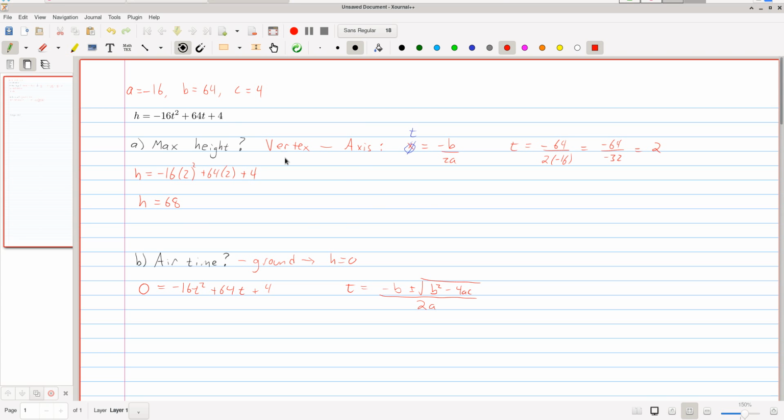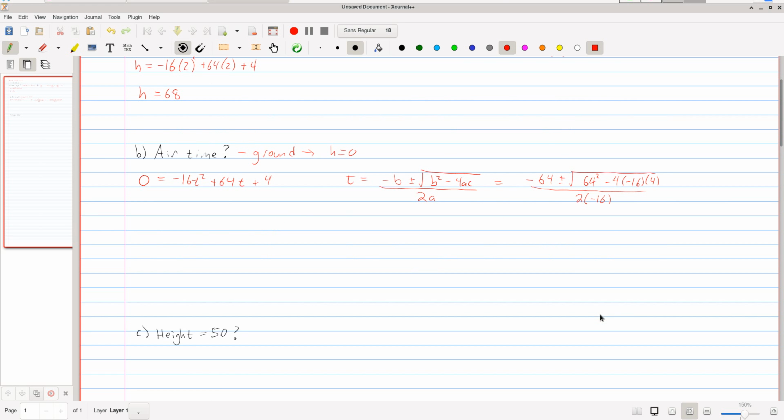Now we're going to plug in the values for a, b, and c that we identified at the beginning of the problem. So this is negative b, so negative 64, plus or minus the square root of b, so 64 squared, minus 4 times a, which is negative 16, times c, which is 4. And this is all divided by 2a, which is 2 times negative 16. So let's simplify what's inside the radical first.